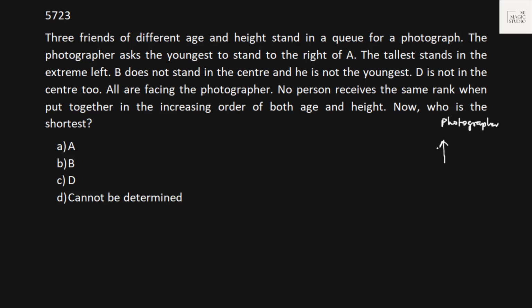Photographer is here and all are facing north. So we have got 3 people. So A is here. To the right, this should be youngest. Or A is here, and this should be youngest.